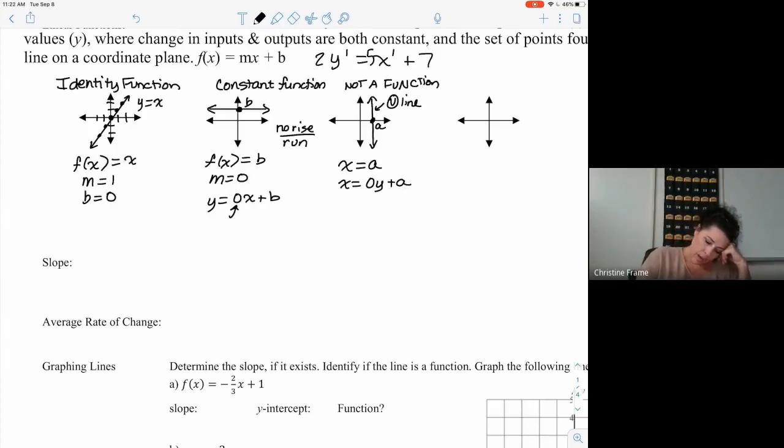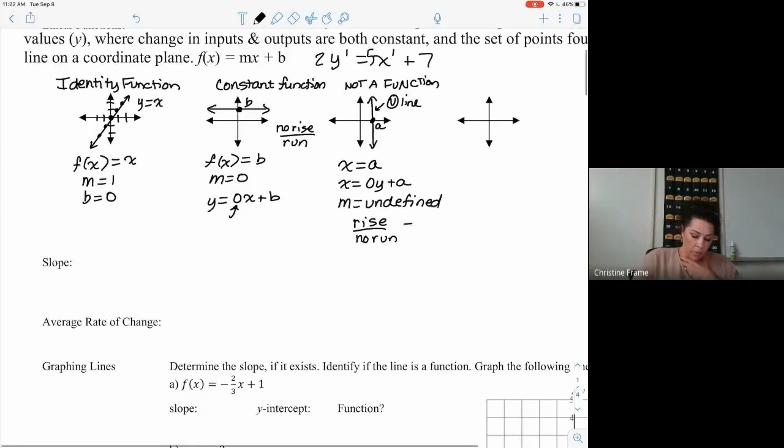But anyway, here, your slope is undefined. Because this one has rise, but no run. It rises, but it doesn't run. So that means whatever your rise is doesn't matter because you're dividing by 0 and that's undefined.